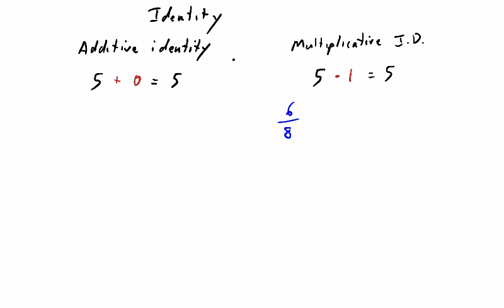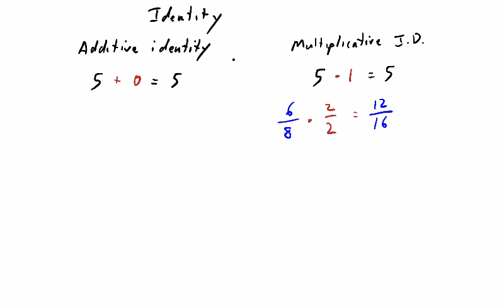If I were to multiply this by something like 2 over 2, if I multiply the numbers in the numerator first, I would get 12. And if I multiply the numbers in the denominator second, I will get 16.